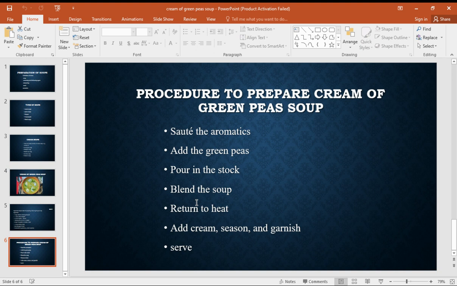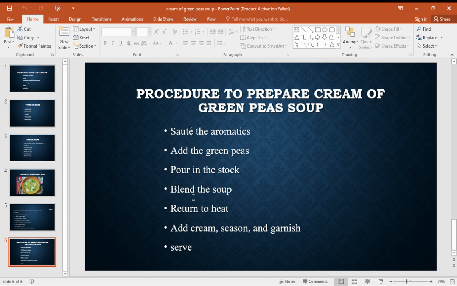Number two, you add the green peas. After you add the green peas, you allow them to saute for another 2 or 3 minutes, and you give them time to cook with the onion and the garlic.